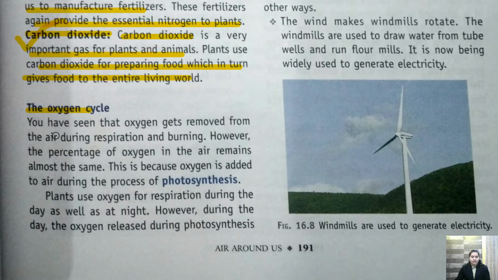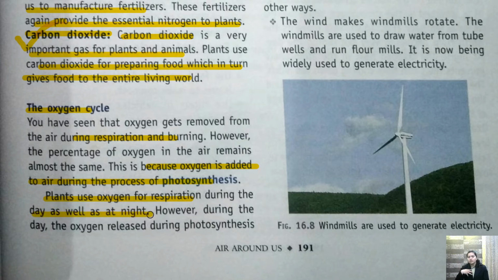So, oxygen cycle. You have seen that oxygen gets removed from the air during respiration and burning. During burning also we require oxygen. So the same thing is written here. This is because oxygen is added to air during the process of photosynthesis. So plants use oxygen for respiration during the day as well as at night.